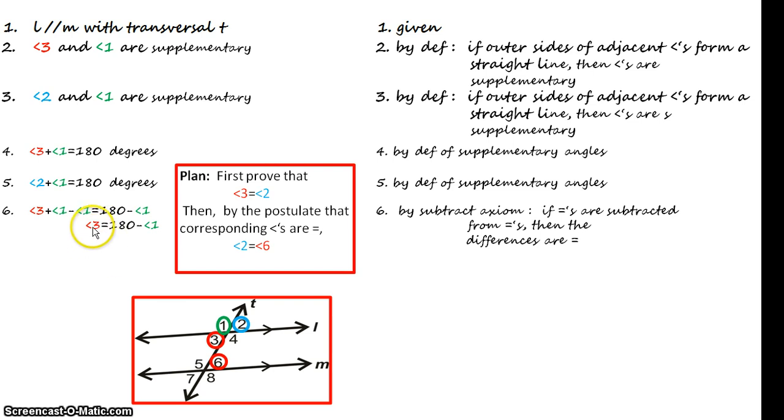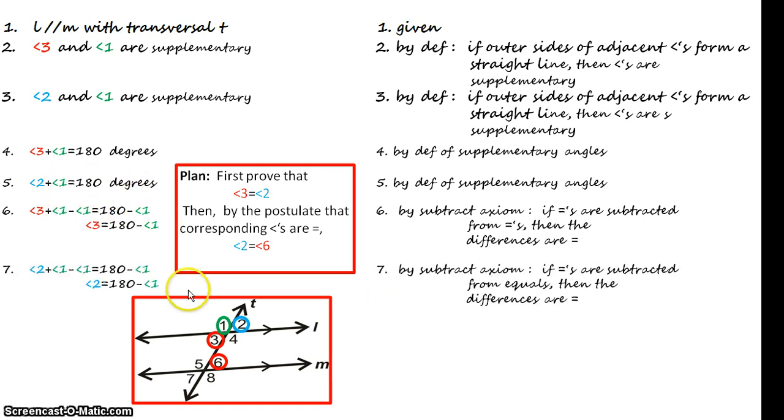So now we have angle 3 by itself equaling this expression. And let's do the same thing for angle 2. We're going to subtract angle 1 from both sides of this equation to isolate angle 2. And we come up with angle 2 plus angle 1 minus angle 1 leaves us just with angle 2.